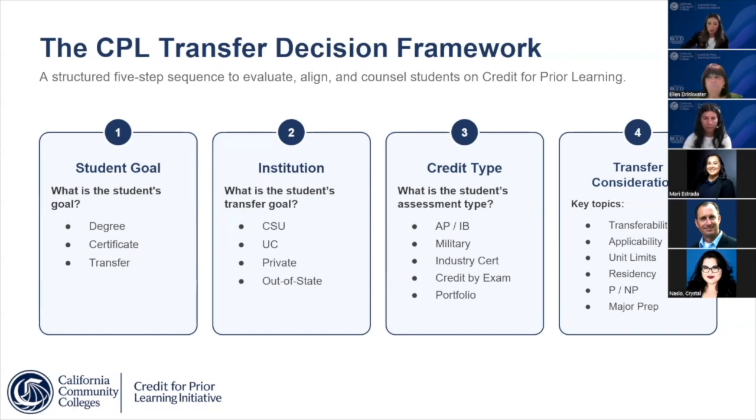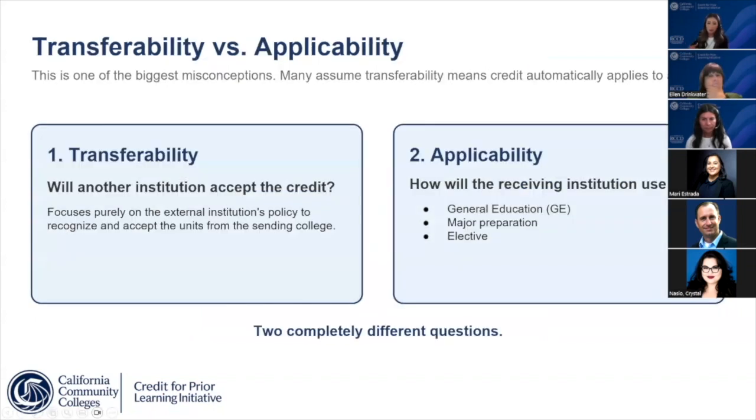And fourth, the transfer considerations, making sure that we're having conversations with students regarding transferability, the applicability, unit limits, how those units might apply or not apply to residency, any limitations with the pass, no pass, and major prep. Now we're going to talk about, I think one of the biggest misconceptions when it comes to CPL, which is the transferability versus the applicability, right?